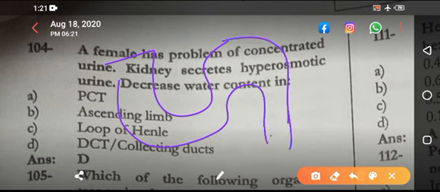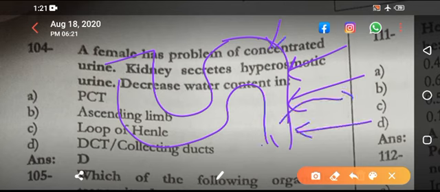ADH cannot act on this part and cannot absorb water. If they are asking about decreased water content, and ADH cannot absorb water from here, what do you think, will there be decreased or increased water? Because the water is not going to be absorbed, there is increased water content.